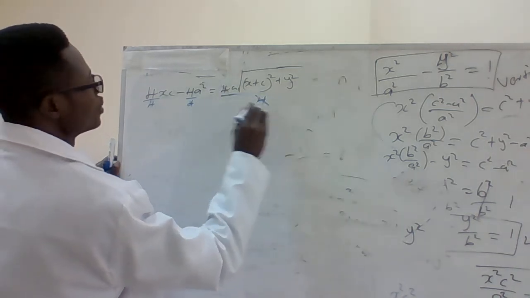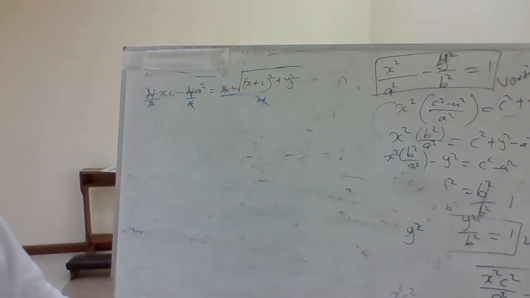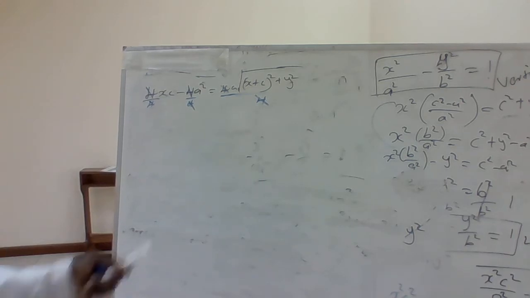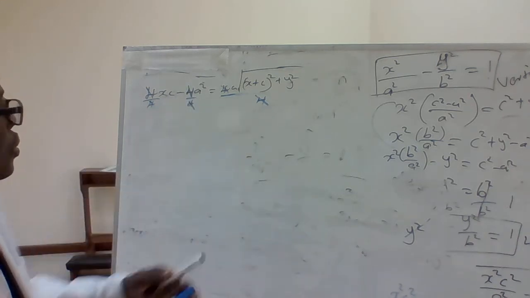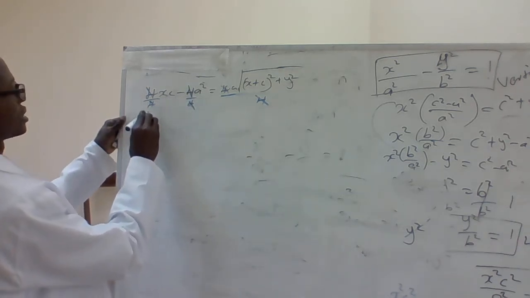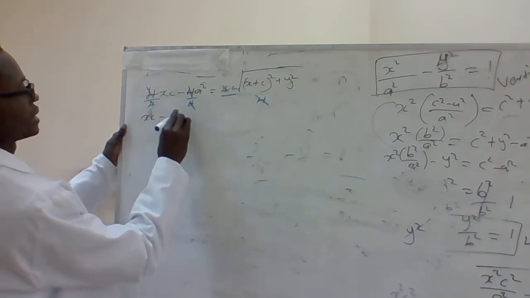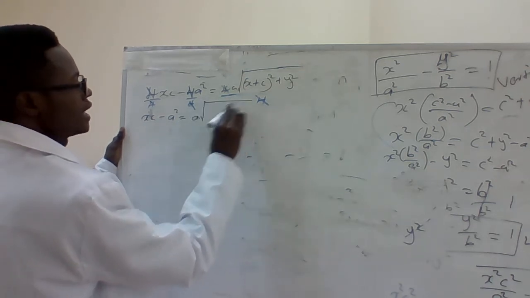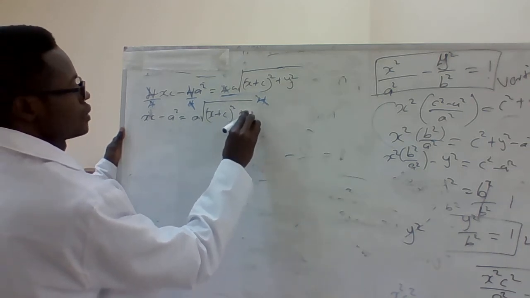But remember, from here, when we were opening this bracket, this will change. But let us go with this. We are going to have xc minus a squared is equal to a times the square root of (x plus c) squared plus y squared.